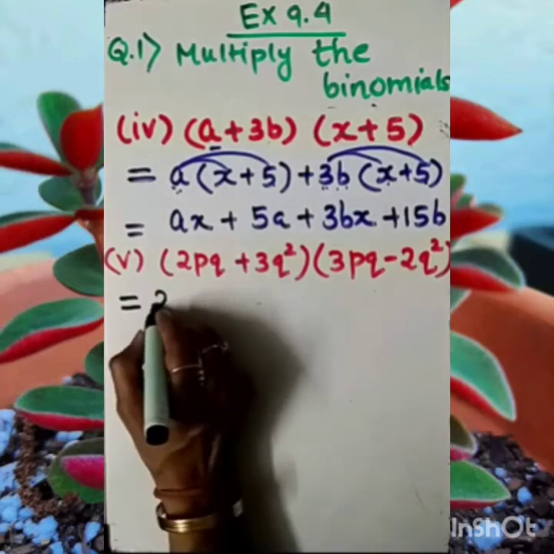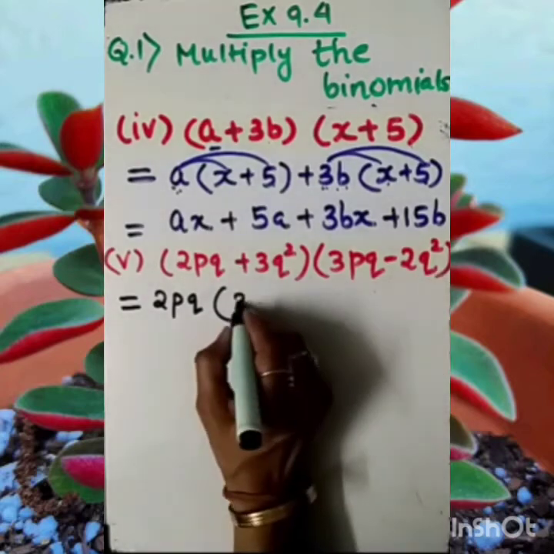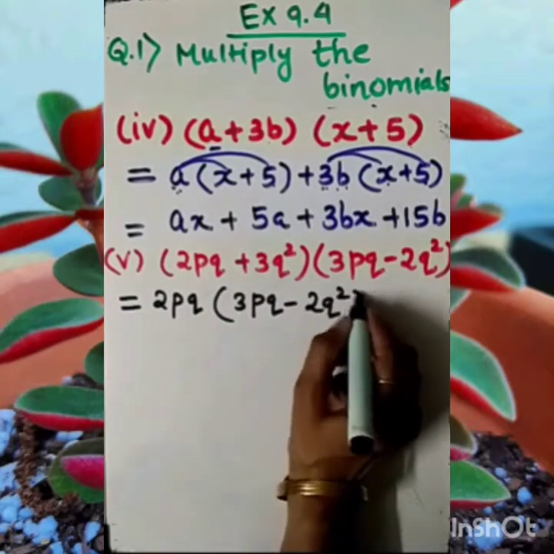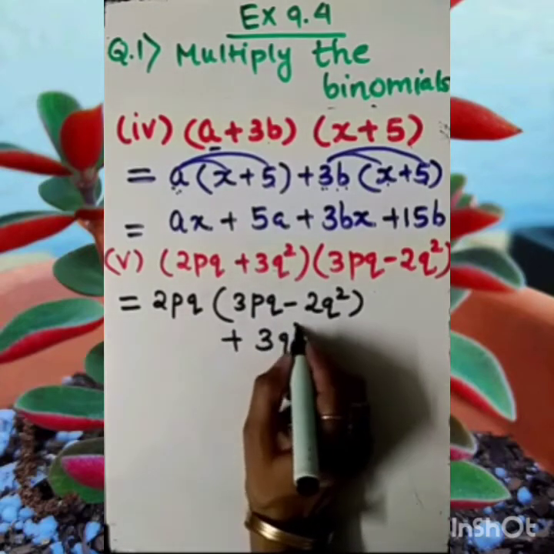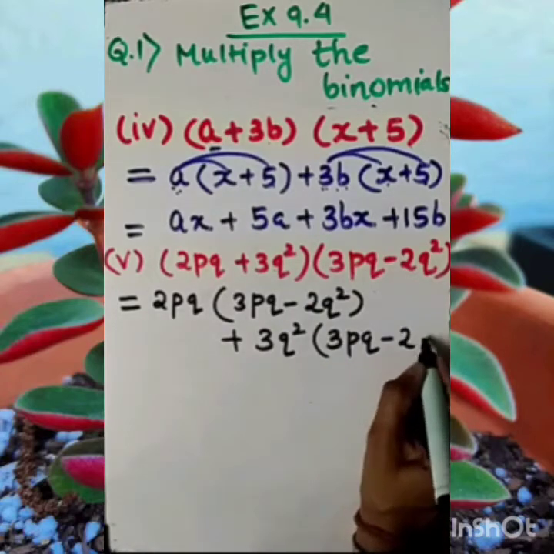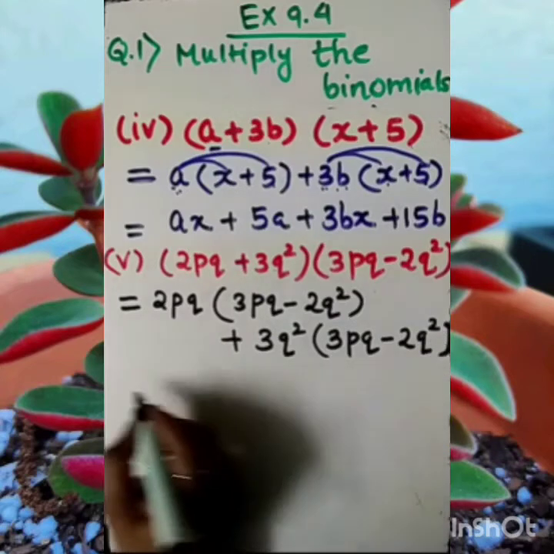First, I am writing the first term of this expression here, and the full bracket without changing anything. I am writing it as it is. Okay. Now again I am multiplying the second term with this whole bracket, that is 3pq minus 2q square. This we always read as square.